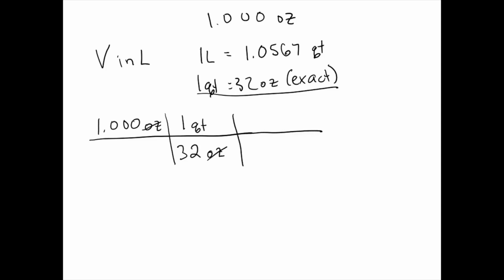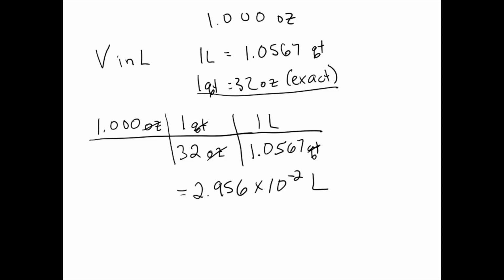And we're told 1 liter, we want that on top so we can get rid of quarts on the bottom. 1.0567 quarts on bottom. So once we plug all that into our calculator, we get 2.956 times 10 to the negative second liters.